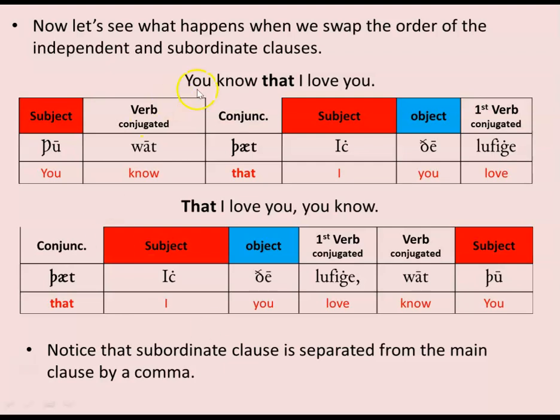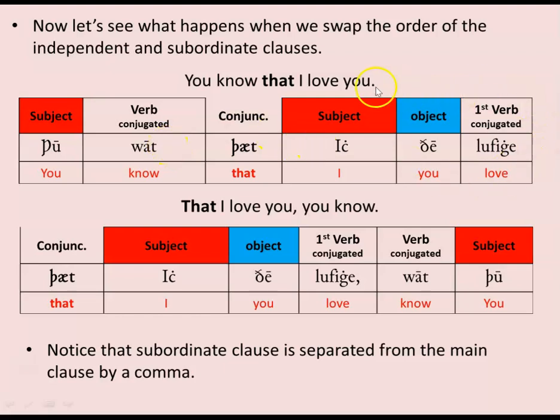Okay, now let's see what happens when we swap the order of the independent and subordinate clauses. Okay, I've been starting with the independent clause or main clause first, then a subordinate conjunction, and then the dependent clause, okay? As in this first example, you know that, subordinating conjunction, I love you, okay? So what I've been doing at the moment is in the main clause, subject, verb, and so on, okay?